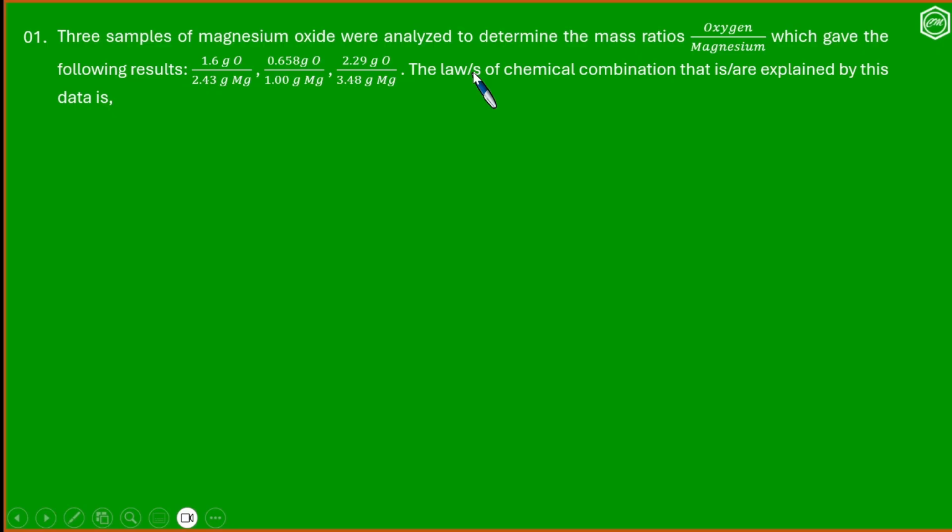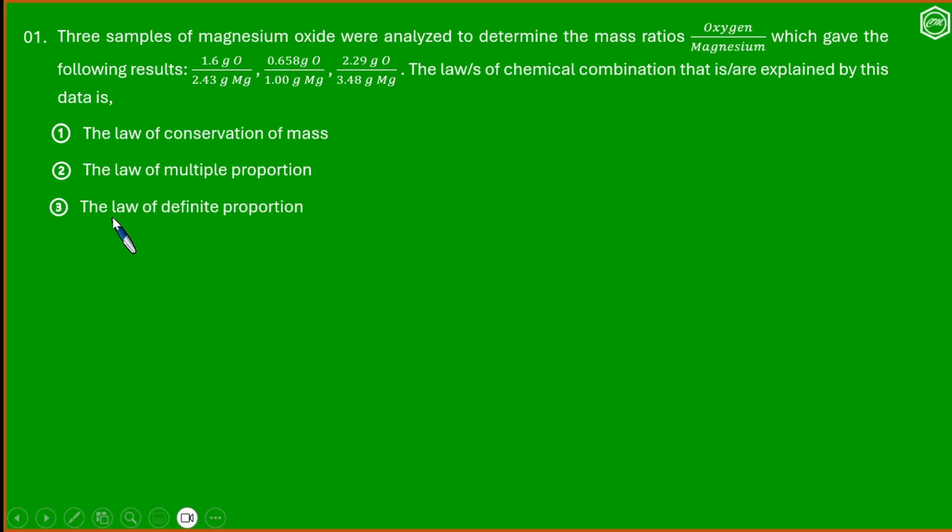The law or laws of chemical combination that is or are explained by these data is: 1. The law of conservation of mass, 2. The law of multiple proportion, 3. The law of definite proportion, 4. The law of definite proportion and the law of conservation of mass.